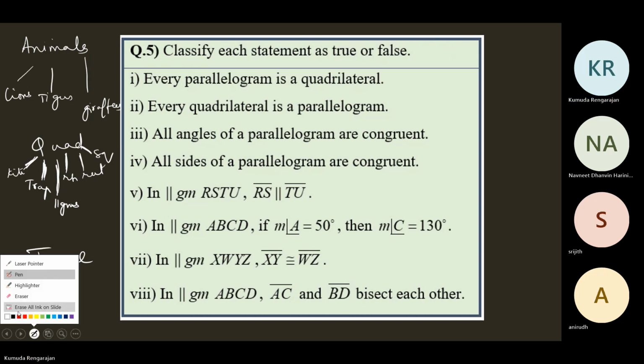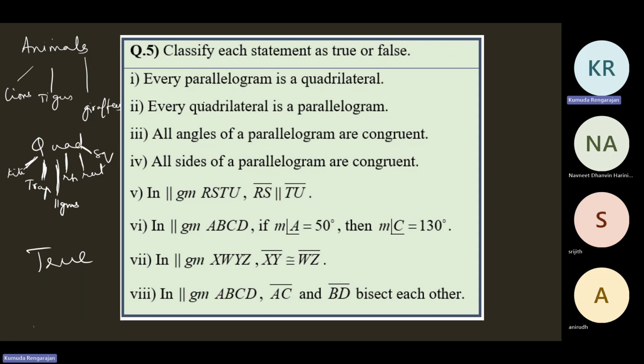Okay. Now let's answer these statements. Every parallelogram is a quadrilateral. True or false? True, ma'am. It's like saying every parallelogram has 4 sides. That's the meaning. Is a quadrilateral means has 4 sides.